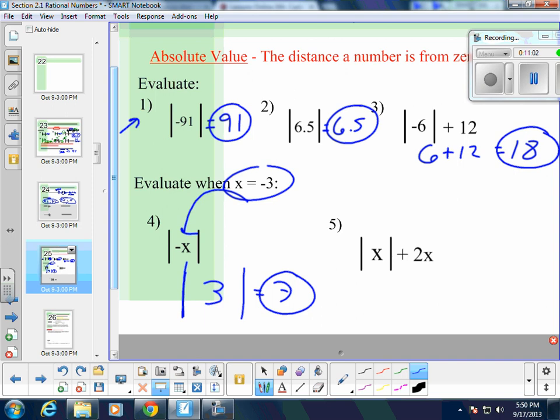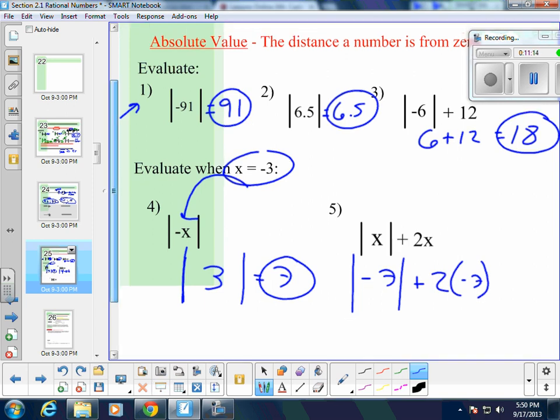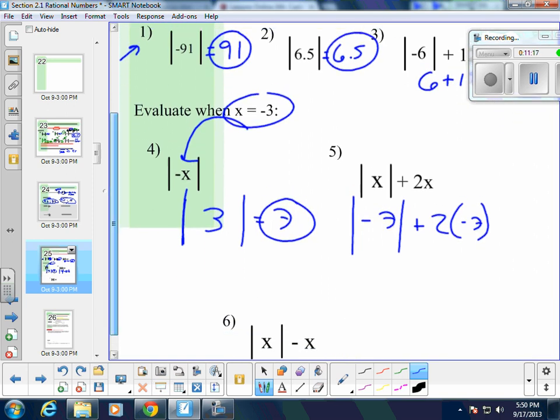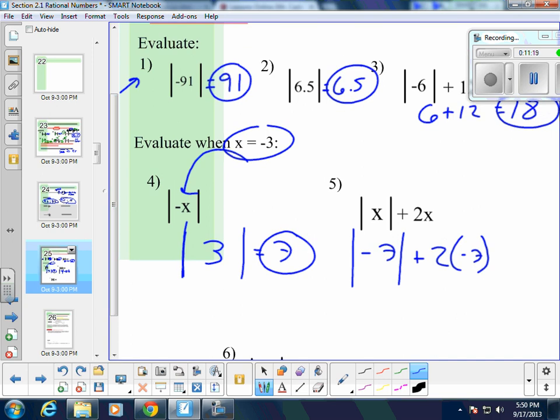And then for this last example here, if I put -3 into the absolute value, it goes in there, and also it goes in next to the 2 here, something that's going to get multiplied by 2. Again, kind of like a parentheses. I have to deal with that absolute value first and find a value for that. Absolute value of -3 is 3.